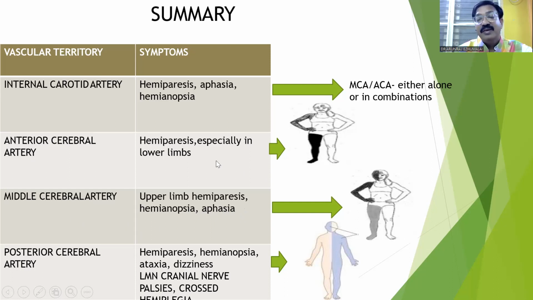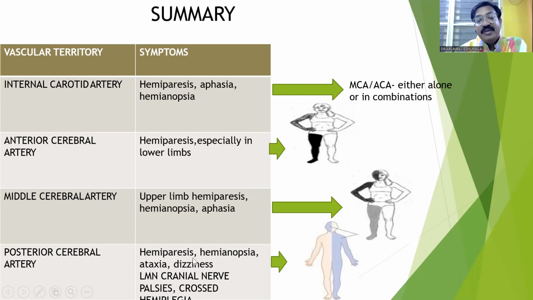Urinary incontinence in the anterior cerebral artery, aphasia in the middle cerebral artery, so both sensory and motor weakness. When these two are combined, we have to suspect the internal carotid artery, since these two are branches of the ICA. When hemiparesis, aphasia, hemianopia and urinary incontinence are all there, suspect ICA occlusion.